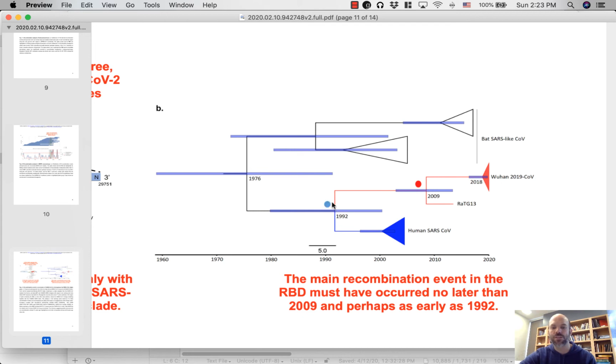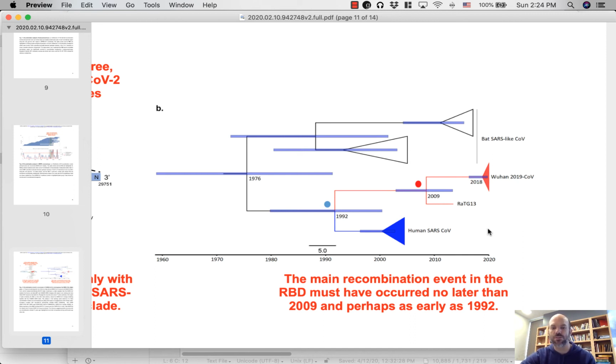So these recombination events that we're talking about occurred sometime between 1992 and 2009, which is to say that the recombination events, at least those that are being focused on here with the spike protein, are not recent, and were not the recent events that triggered the current outbreak.